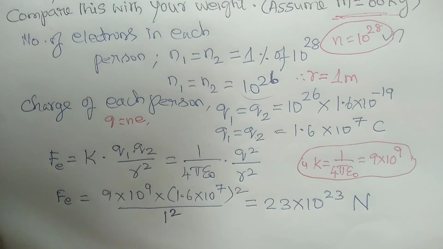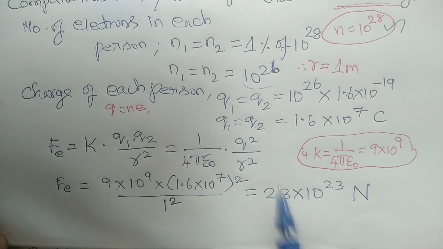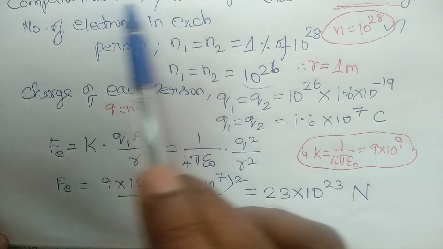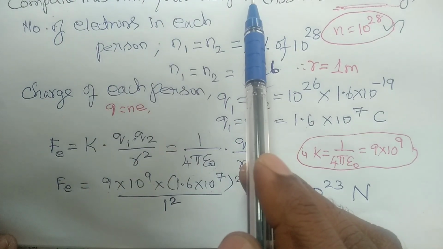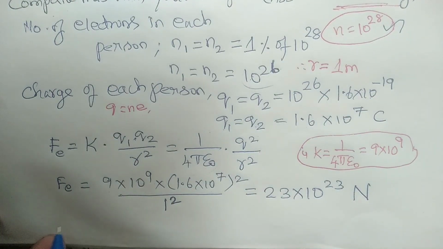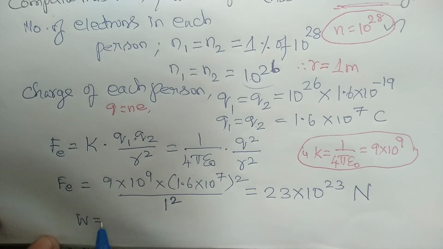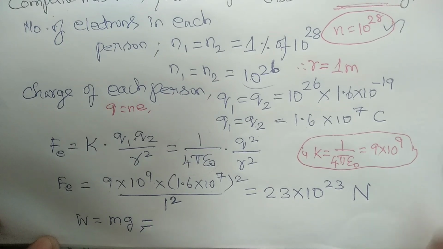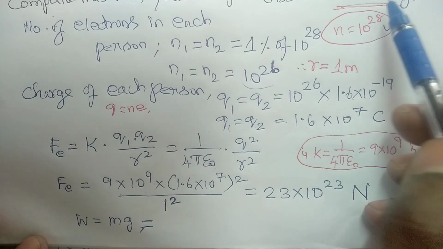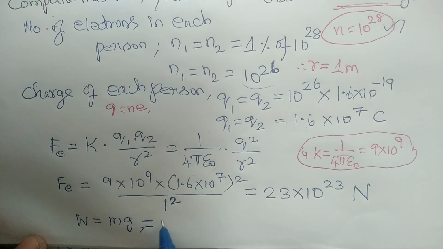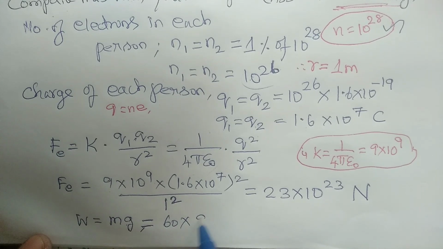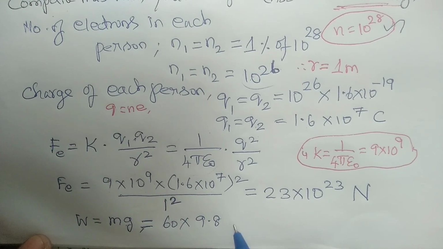Now compare this with your weight. The formula for weight is W is equal to mg. The mass of each person is 60 kg, and g, acceleration due to gravity, is 9.8, so 60 into 9.8 is equal to 588 Newton.